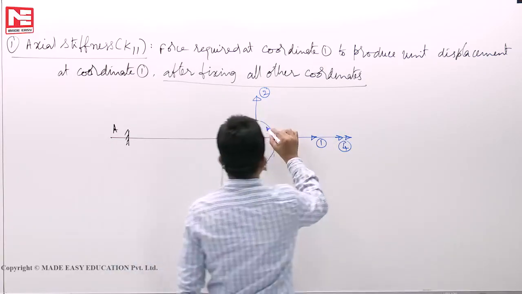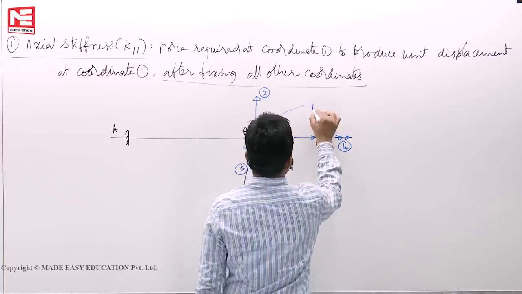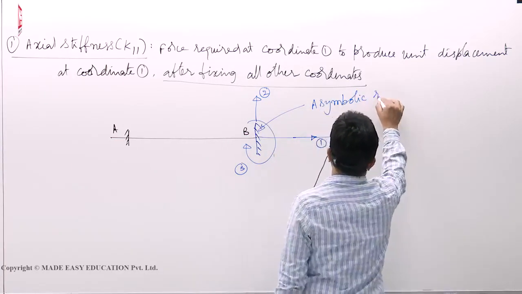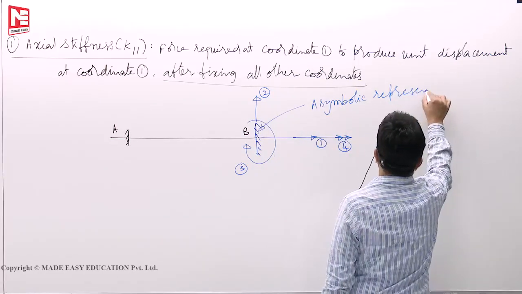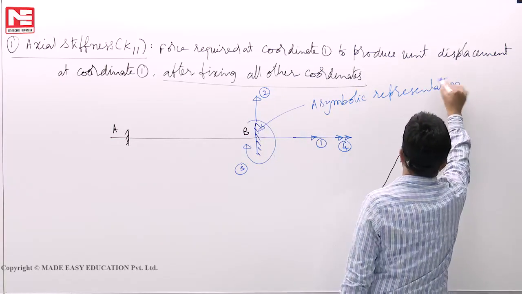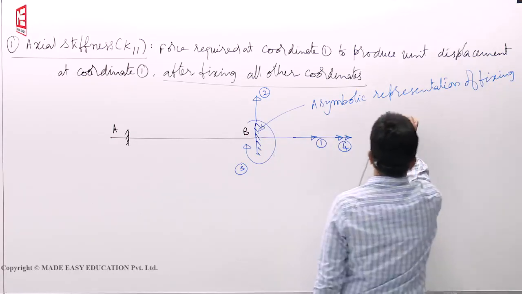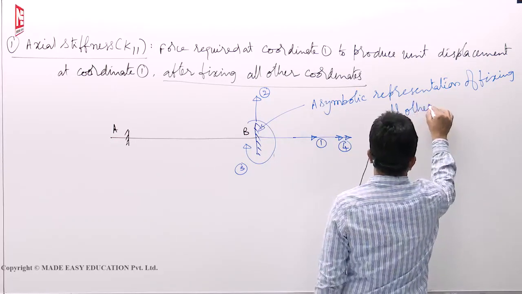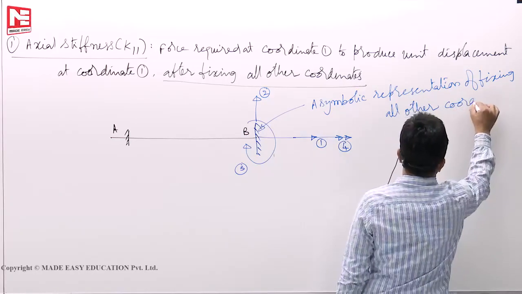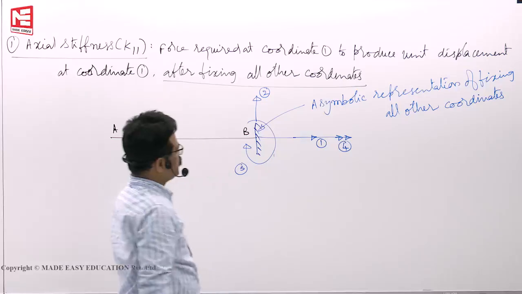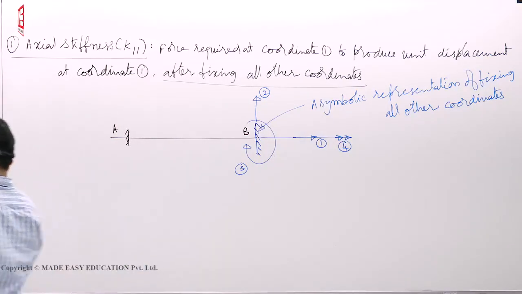So this is not a fixed support, you have to take it as a symbolic representation of fixing all other coordinates.